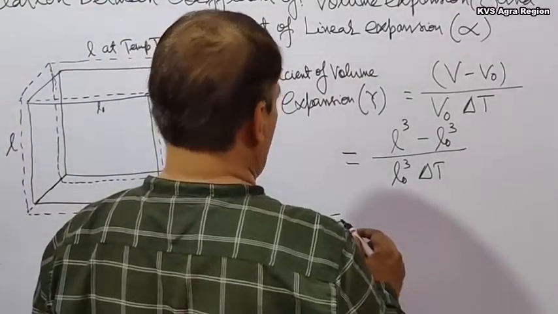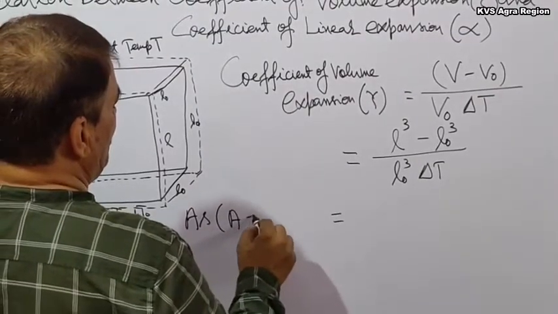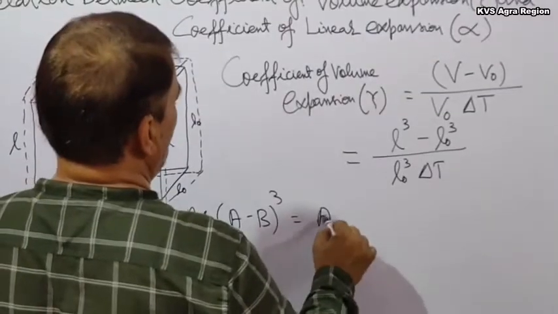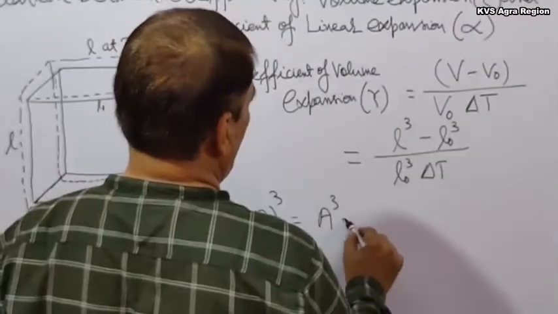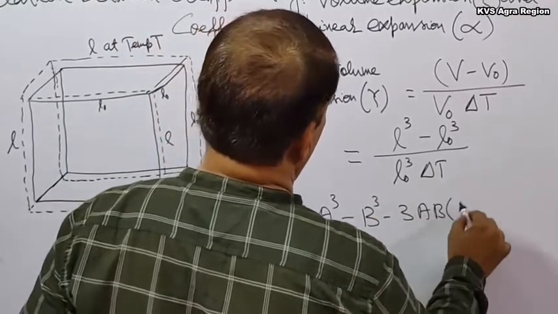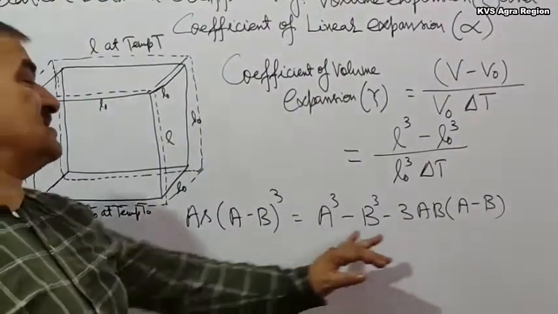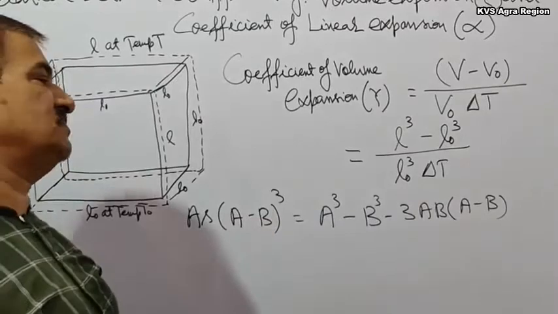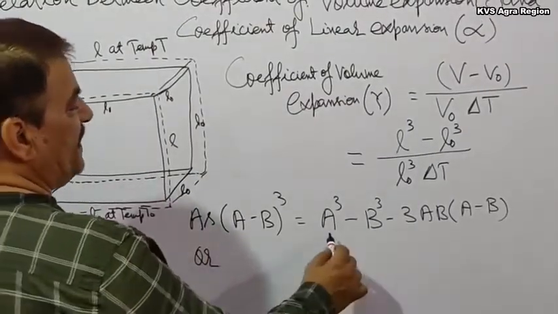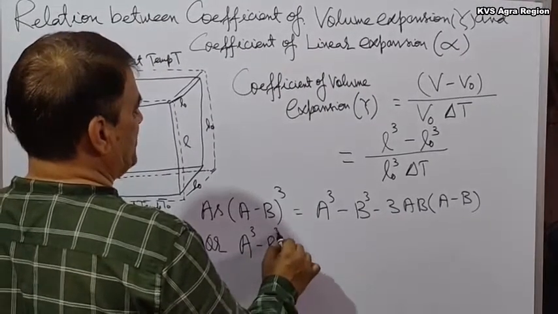A minus B whole cube is equivalent to A cube minus B cube minus 3AB (A minus B). This is the formula for A minus B whole cube. Or what can we have for A cube minus B cube?